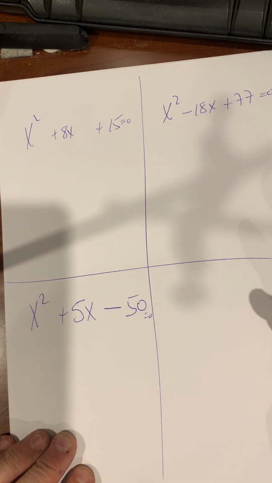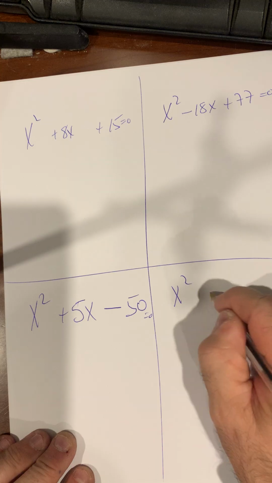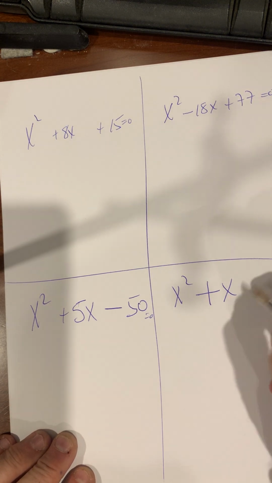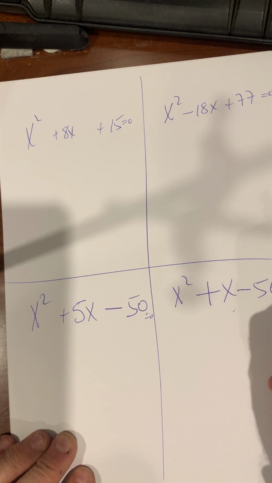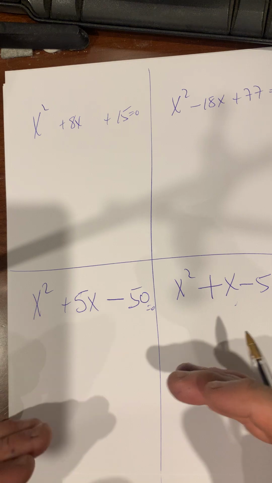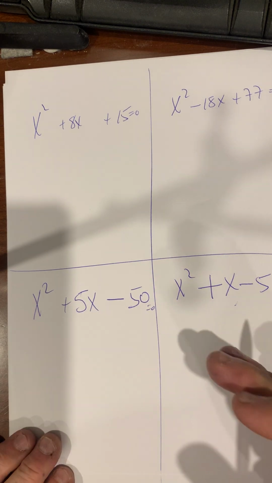Gap between the numbers is 1. Let's use 7 times 8 is 56. There's your 4 problems. I want you doing everything that I've done on all of them.